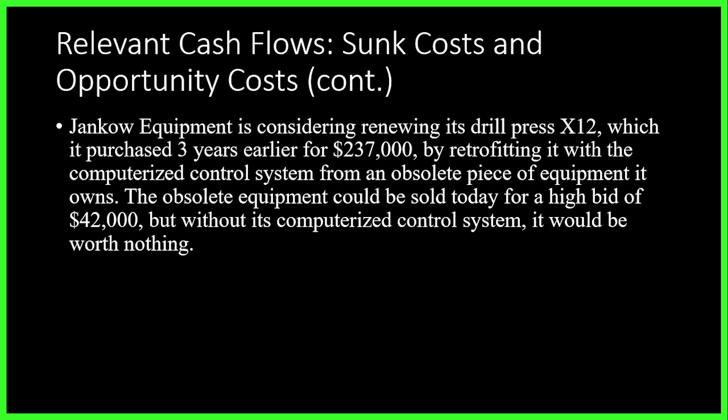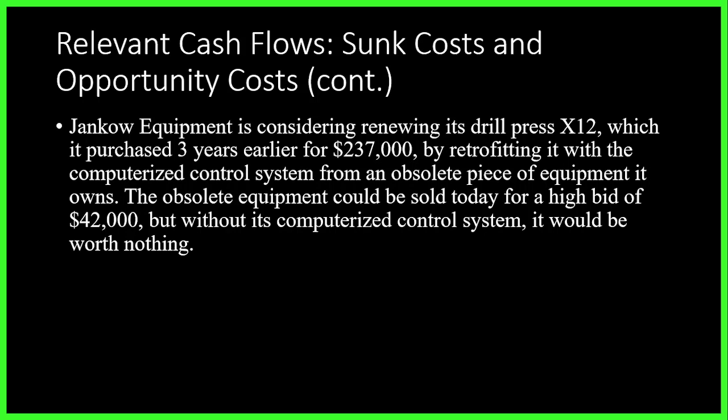And the obsolete equipment could be sold today for a high bid of 42,000, but without its computerized control system, it would be worth nothing. Ano yung 42,000 na yan? Okay, this one is an example of opportunity cost, no? If you will decide to sell this, with its computerized control system, then meron kang 42,000, okay?